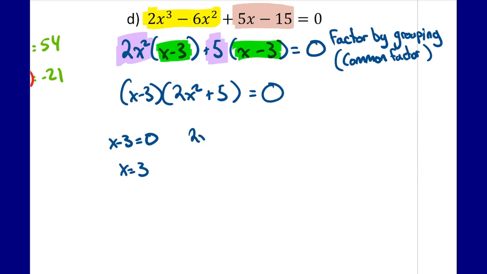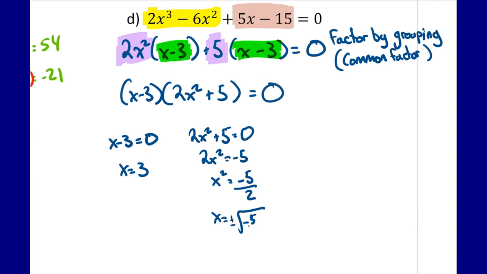The next one, 2x squared plus 5 equals 0, move the 5 over. So 2x squared equals negative 5. Divide by 2, and x squared equals negative 5 over 2. Then x equals plus or minus the square root of negative 5 over 2.